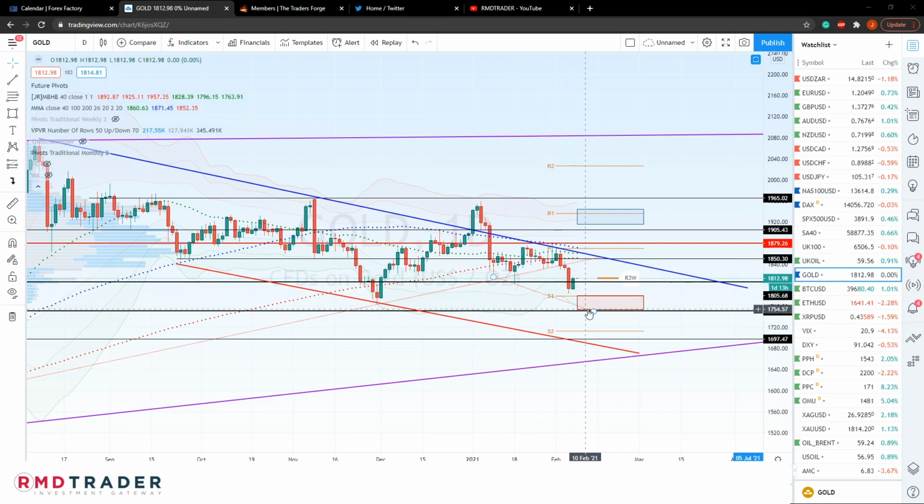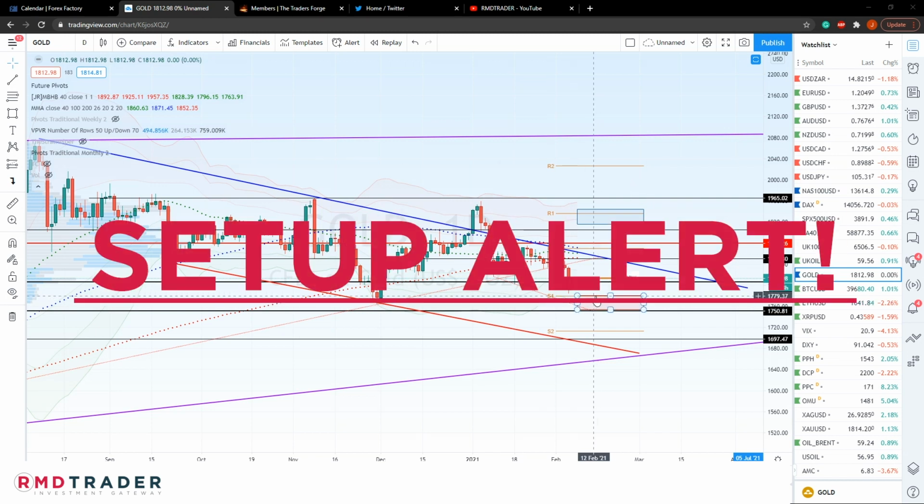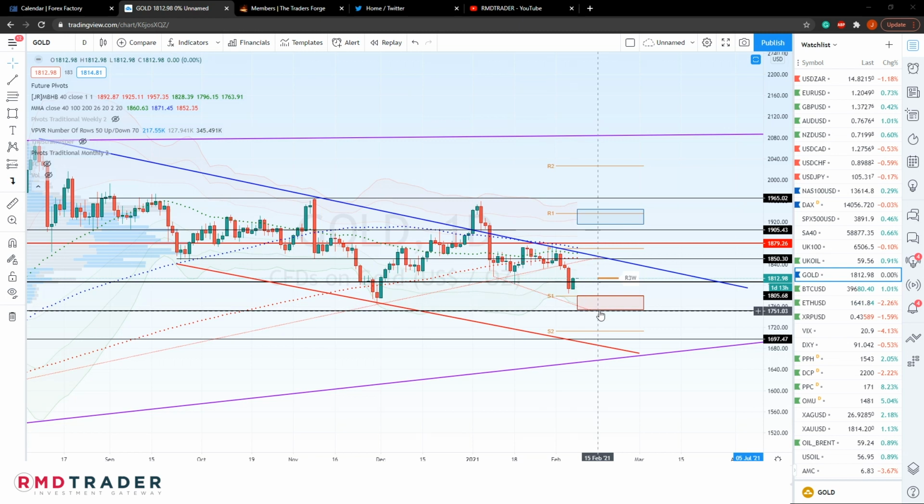But if gold can muster some support from the area between our monthly S1 at 1,780 and this major horizontal area at about 1,750, it could be staging a double bottom support.